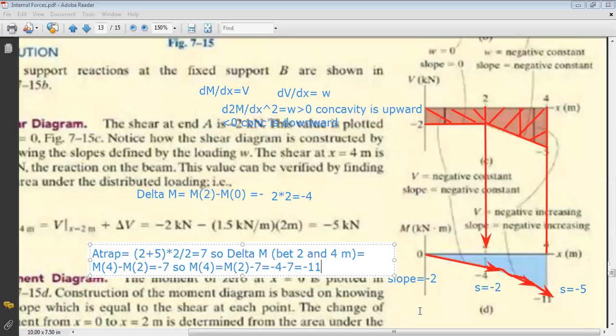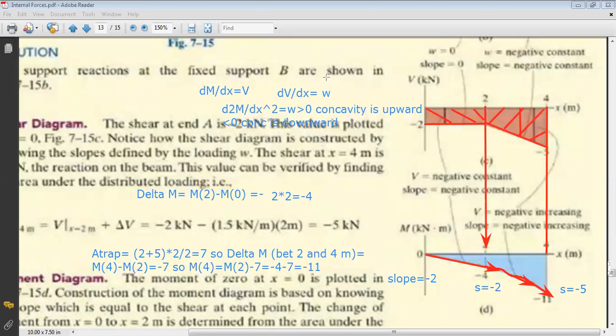Now, also, another way to verify your result, as we did for the shear. Okay? Here we have a fixity at the end. This is why we expect that we will not end by a moment of 0. If you don't have a fixity at the end, or you don't have a couple at the end, then you should end by 0. Now, how to make sure of our value?